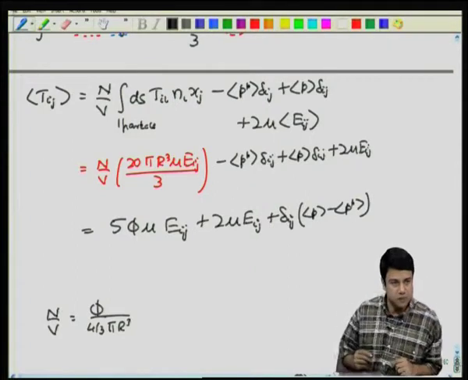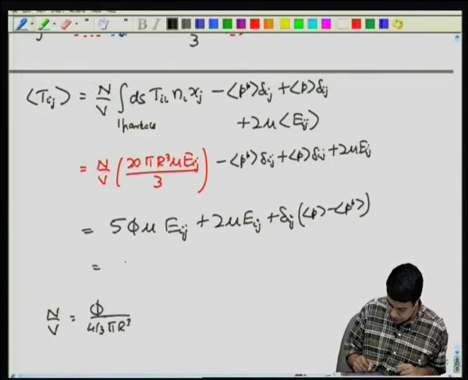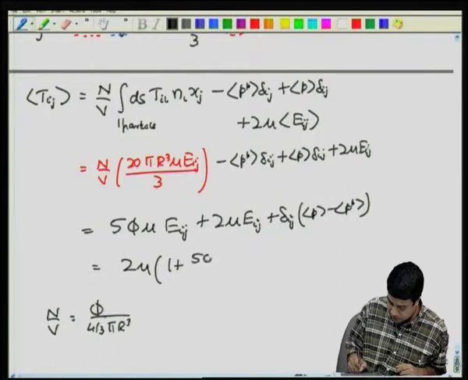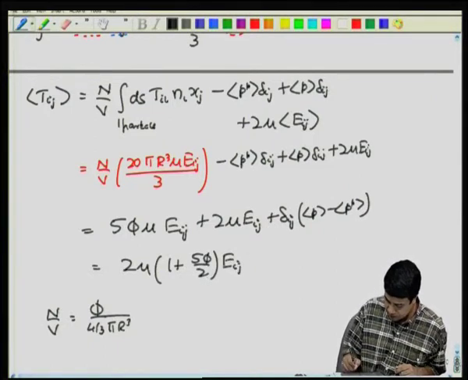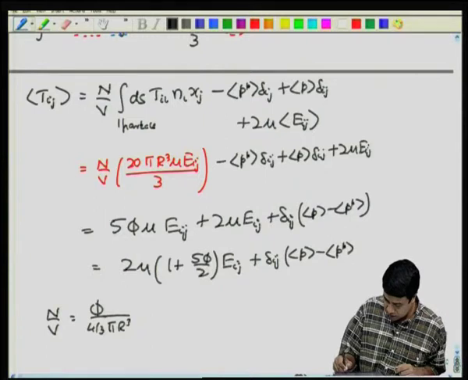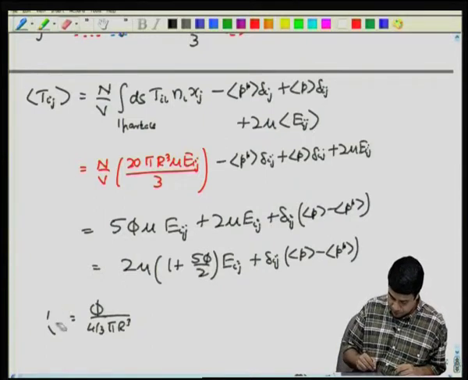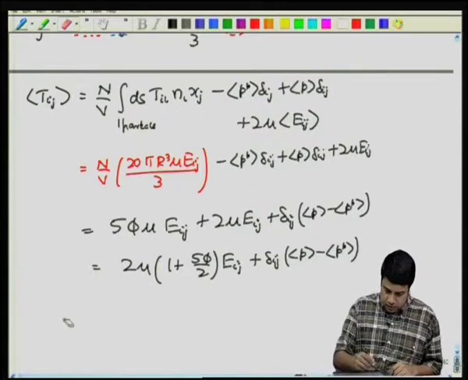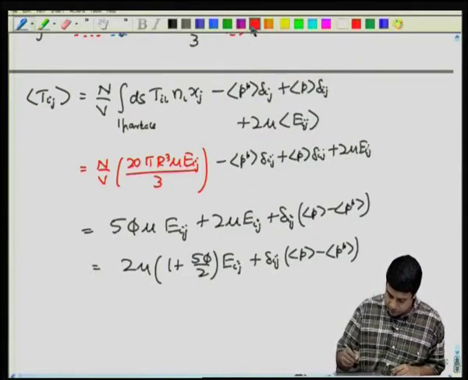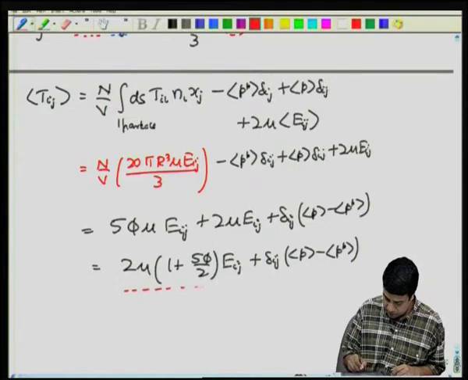And I can add these two to give 2 mu into 1 plus 5 phi by 2, e_ij.